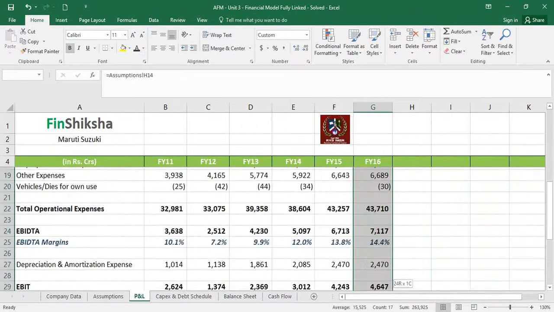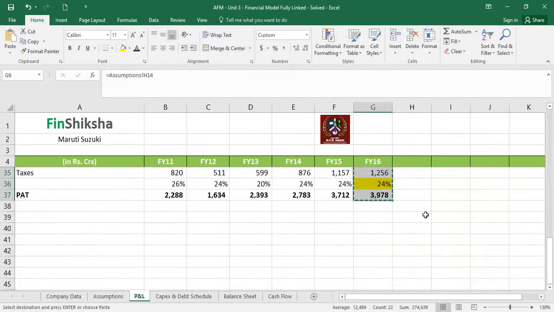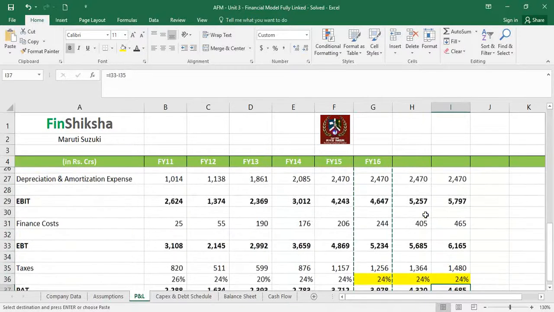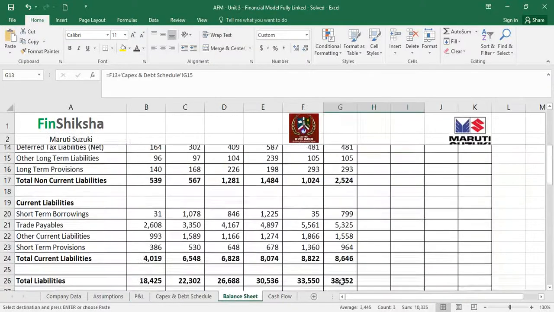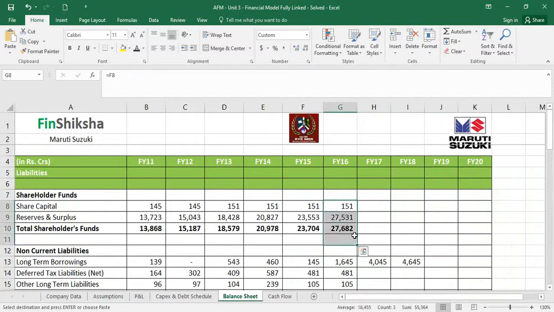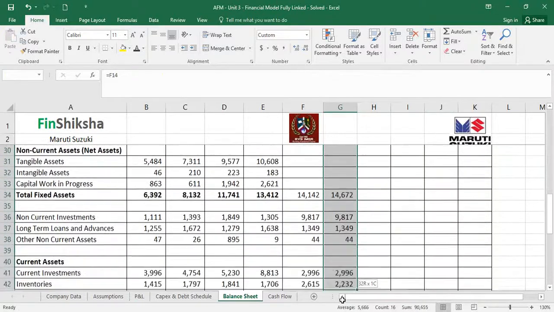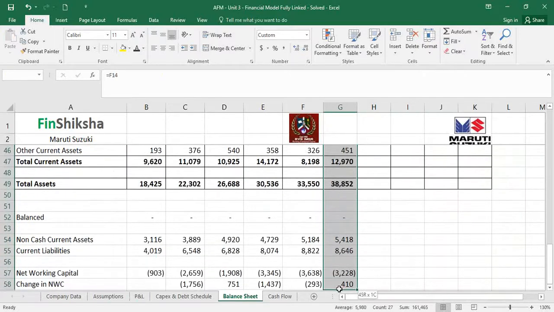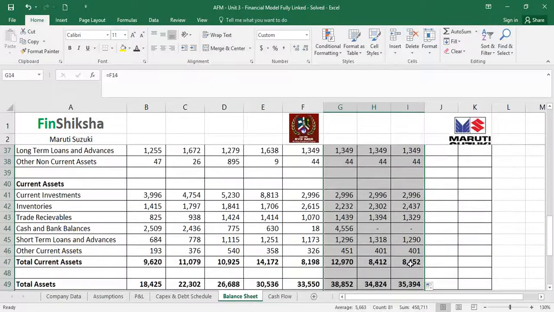I can copy everything on the P&L sheet and paste the numbers in the next years, and we will get these numbers as well. And we can copy everything on our balance sheet and just drag these in the future. So we can just take everything that we see here and drag it in the future.